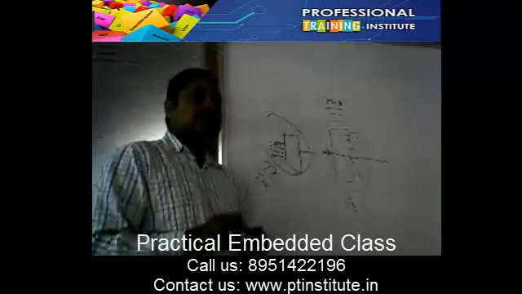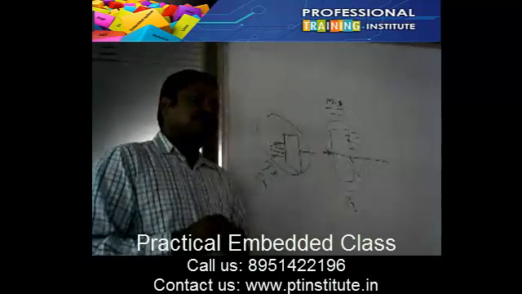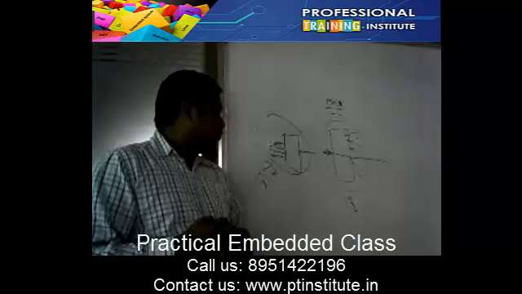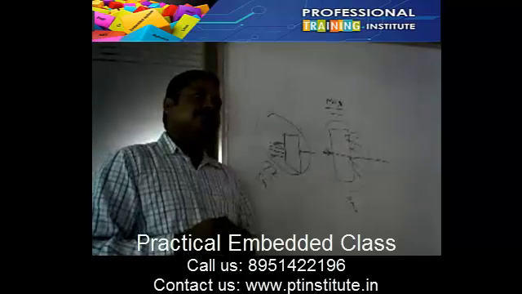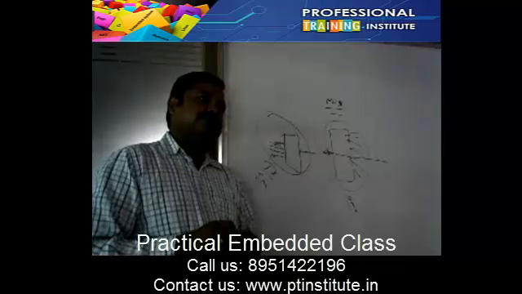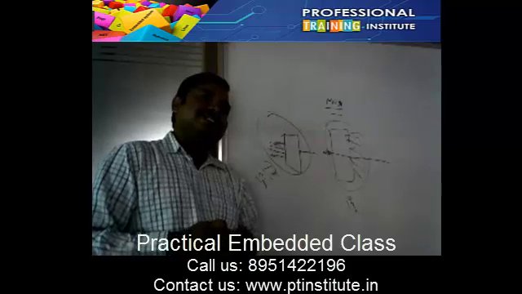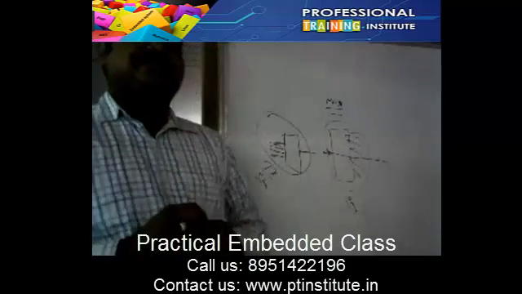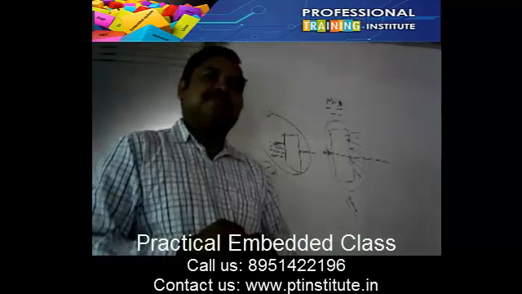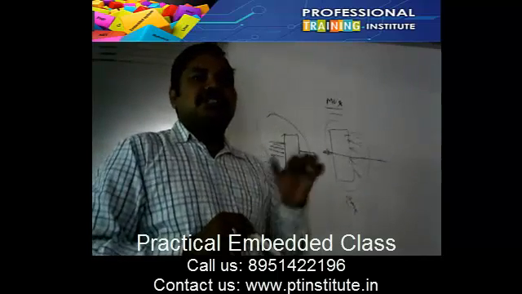Chitra, sleeping? Any input? Demux means if we give 3 inputs, then we get 8 outputs, suppose. So 3 into 8 demux. 3 inputs means we will get simultaneously 8 outputs. Yes, sir, it has some selection lines. Okay, that is what she said. 3 is the selection line.